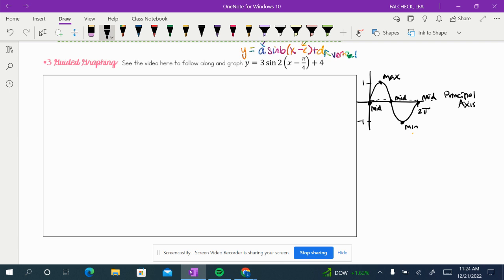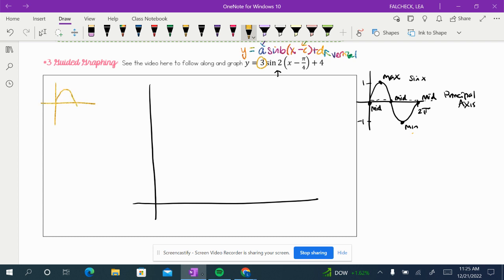Cool. So in terms of this regular old sine curve, let's think about this new transformed one, okay? So let's examine the transformations that have occurred. Here I have an amplitude of 3. So that means instead of my regular old sine curve with its midline at y equals 0, it's now going to stretch.